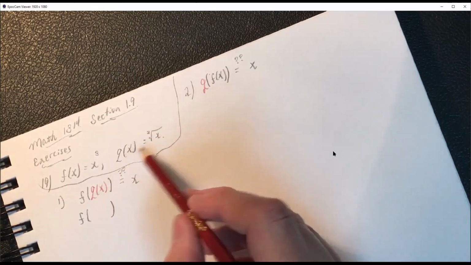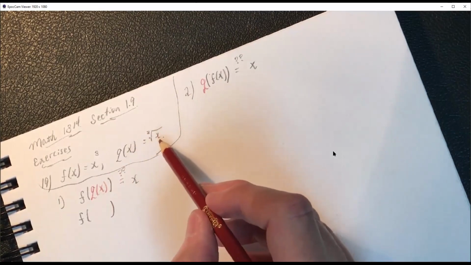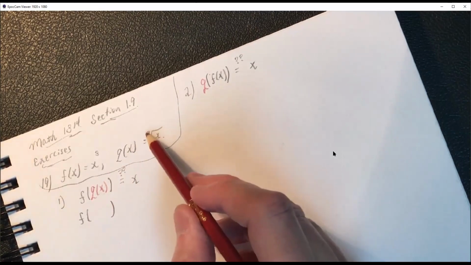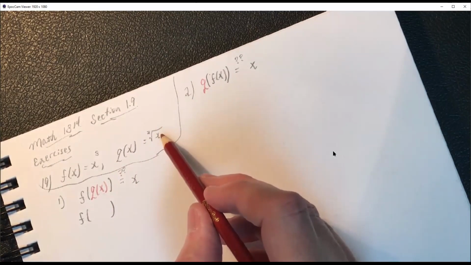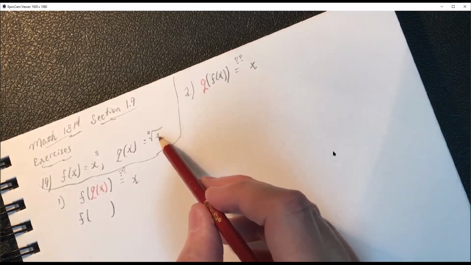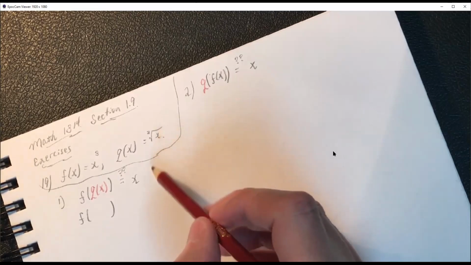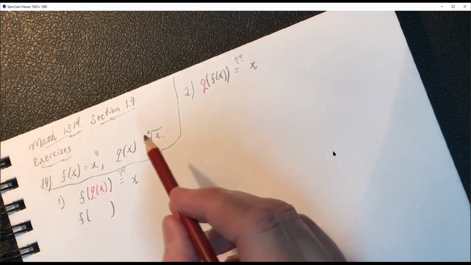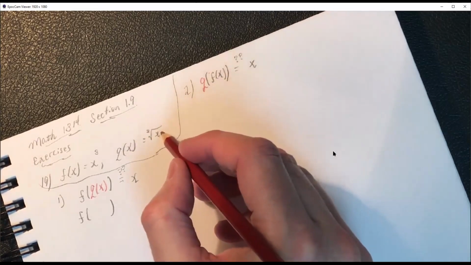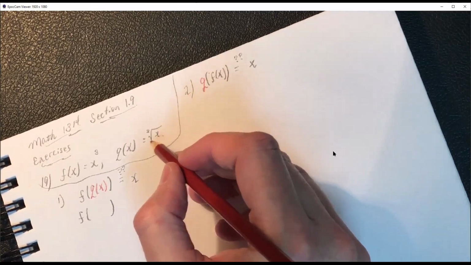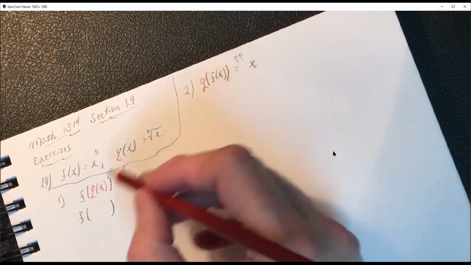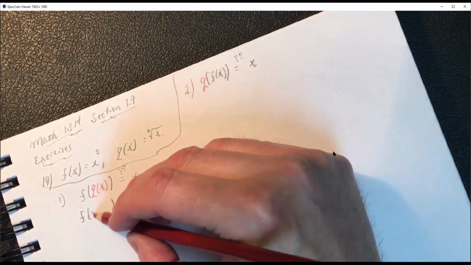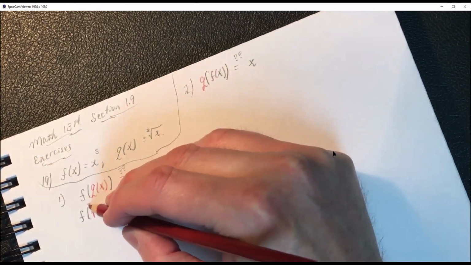So what happens if you put an 8 here? Well, you get the cube root of 8. But if you leave it as any x, a general representation, so x represents any numerical value in the domain of g of x, then the range value will not be a number because you can't simplify it. It'll just be this algebraic expression. So cube root of x.